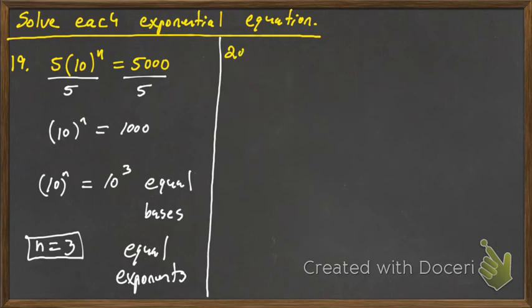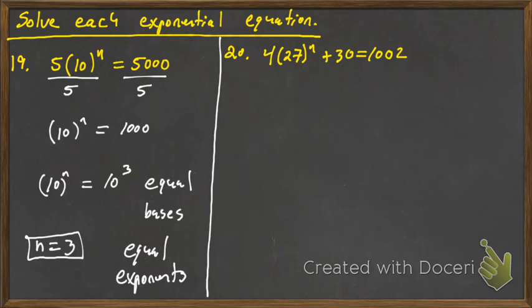Alright, let's look at another one. Let's have 4 times 27 to the nth power plus 30 is equal to 1,002. We have to be a little bit careful. Do not multiply 4 and 27 together. Your order of operations says you have to do the exponent first. We don't know what the exponent is, so we can't do that.